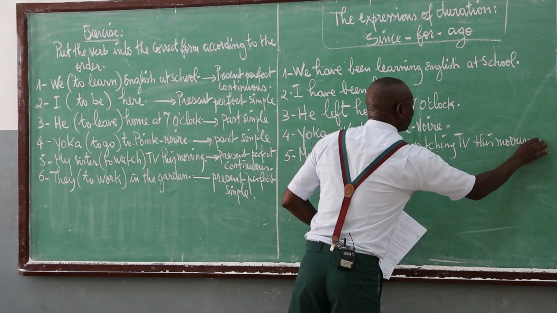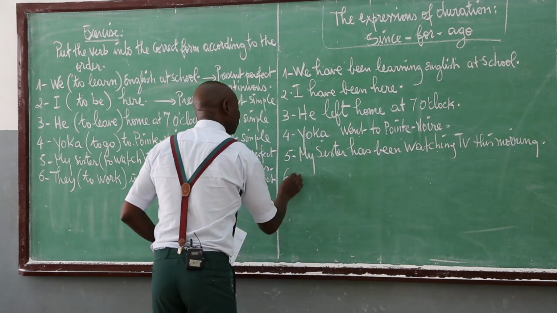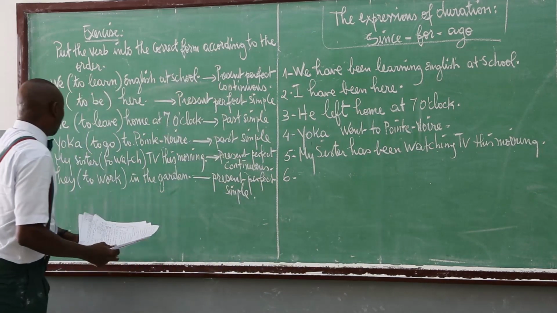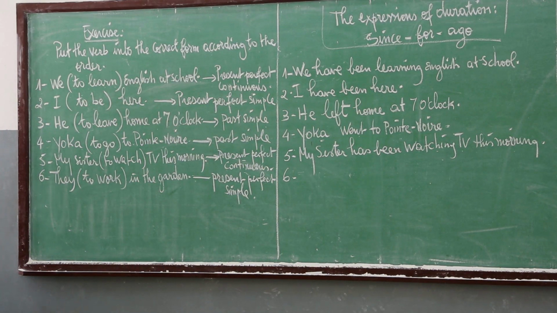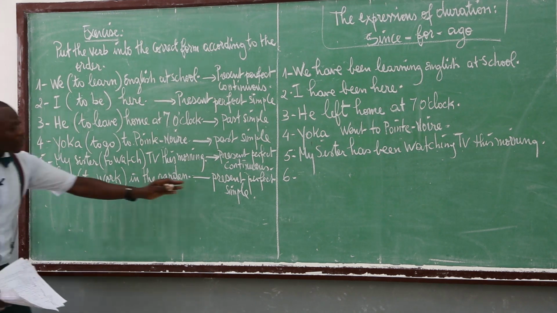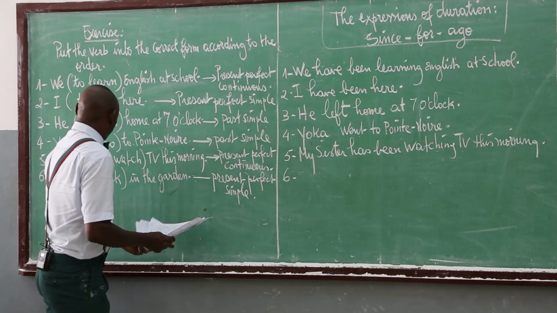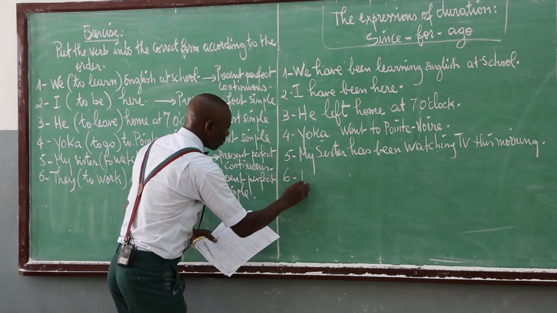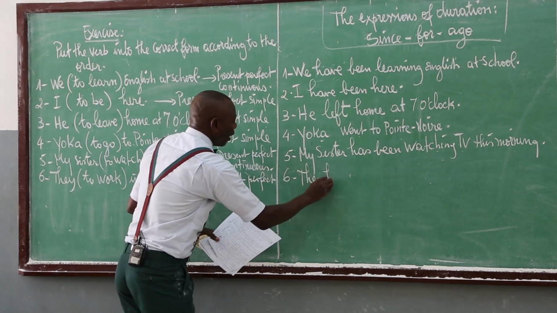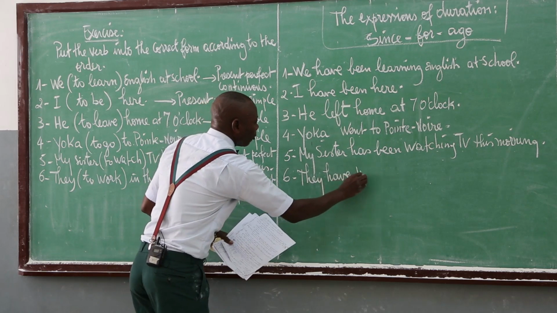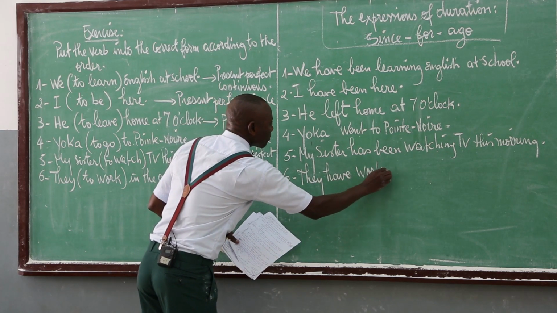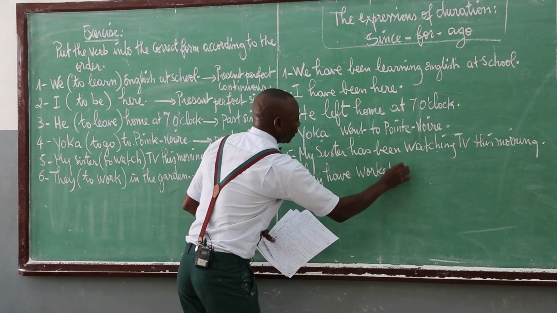Well, and the last one, they to work in the garden. Present perfect simple. You say, they have worked in the garden.